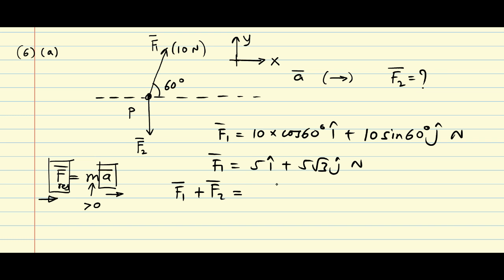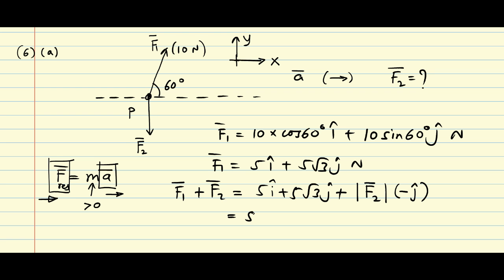But what is F1 bar plus F2 bar? It's 5 i cap plus 5 root 3 j cap plus, now F2 bar is in the downward direction. In other words, it can be expressed as, you take the modulus of F2 bar and simply multiply it by the unit vector in the downward direction, which is minus j cap.